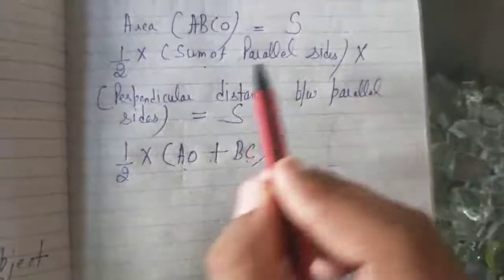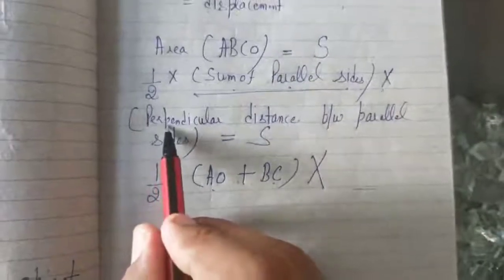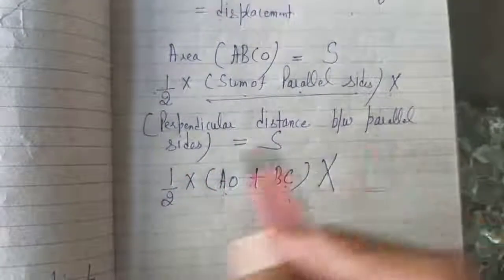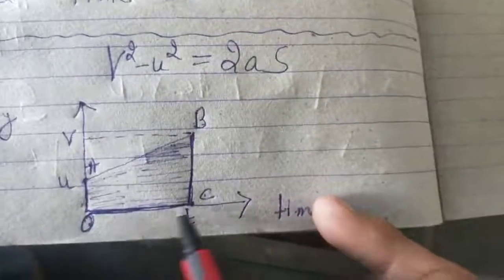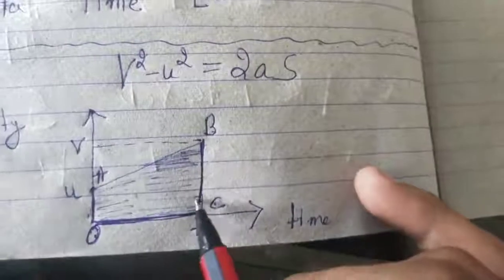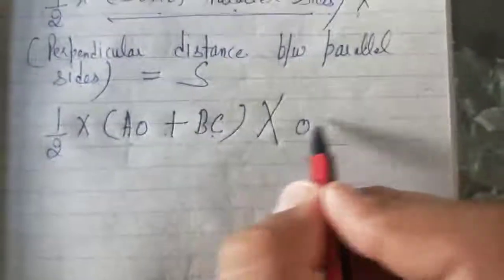Next, we have taken the sum. Next concept is into. After that we have to write the perpendicular distance between parallel sides. So this is the first parallel side, this is the second parallel side. Perpendicular distance is OC. This is the perpendicular distance, 90 degrees. OC is equal to S.